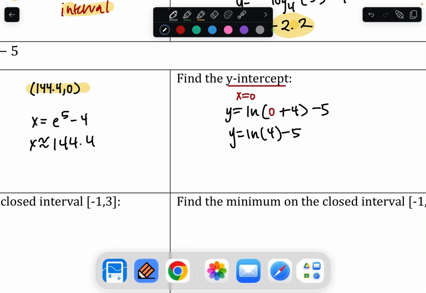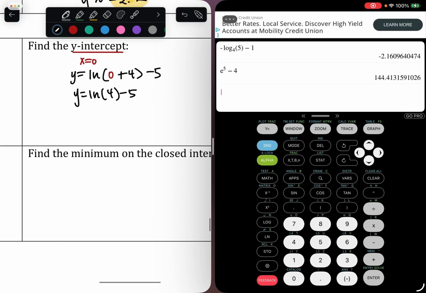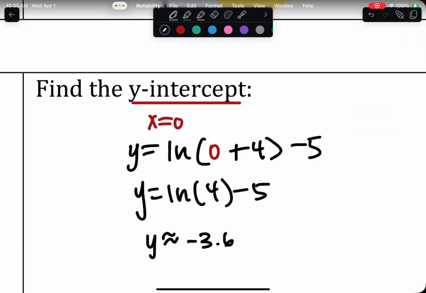And so the decimal approximation, and these would likely be on the non-calculator test, so you would just leave it in terms of log, but here they want the decimal. And so y is approximately negative 3.6.